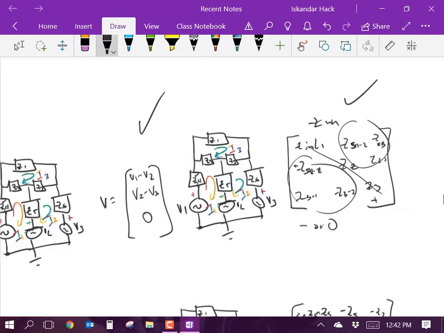Now I don't have any numbers in these. I'm just going through them with theory. We'll put the numbers in most likely on Tuesday. We'll go through and do this with numbers, where I'll first say Z1 is equal to 35 minus J20.